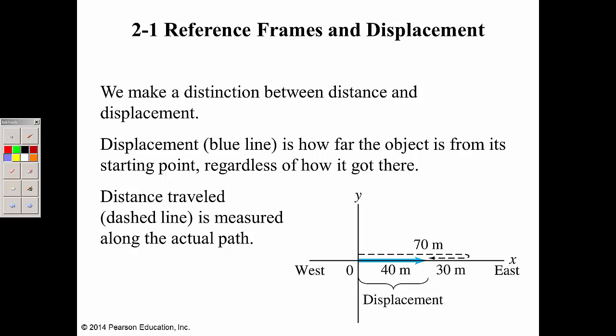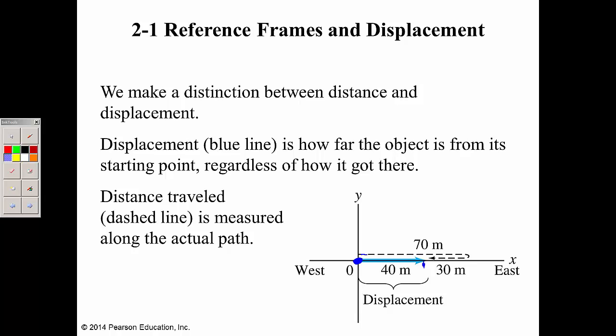I also need to make a very distinct difference between distance and displacement. So if, for example, you are sitting at a stoplight, so I'm drawing your car right here, and you want to pull into the local 7-Eleven and get yourself a Slurpee. Now, the 7-Eleven happens to be right over here.